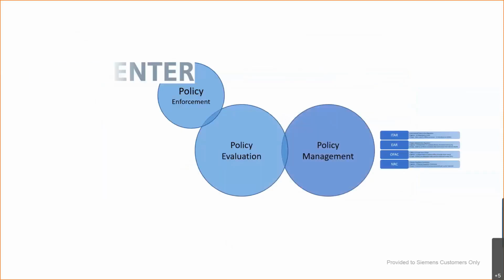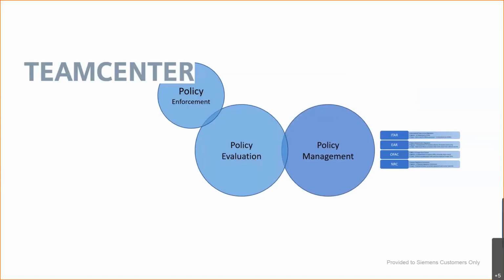Think about it this way. You've got this regulatory compliance problem facing you, whether it's ITAR or CMMC or what have you, and you've got a policy that can be written against that regulatory body, and you have an evaluation location. That's all SkyDRM. The policy management and policy evaluation are the SkyDRM piece we're talking about today.